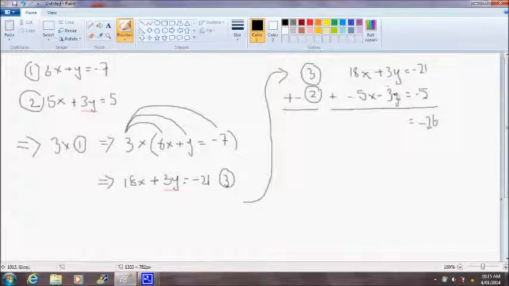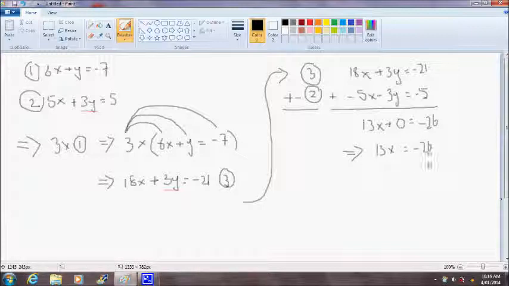A positive 3y plus a negative 3y will give us 0, and a positive 18x plus a negative 5x will give us 13x. So now that we've eliminated the y variable and we're only left with the variable x to deal with, that would imply 13x is equal to negative 26.